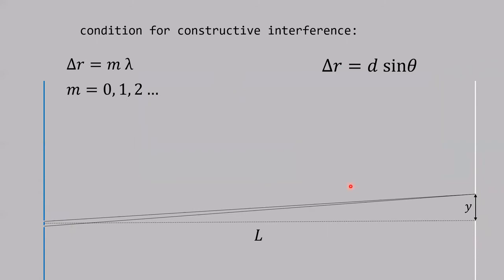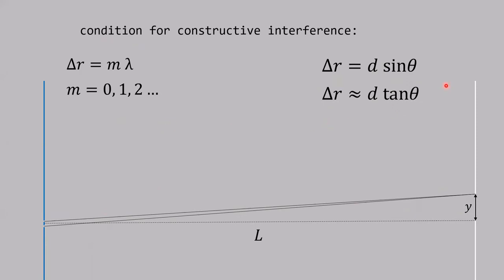Okay, let's put this stuff together. We used some simple geometry to find the path length difference in terms of the slit separation and the angle to the field point. We used our previous condition from a previous chapter about the conditions for constructive interference. So here's where we use the small angle approximation, right?